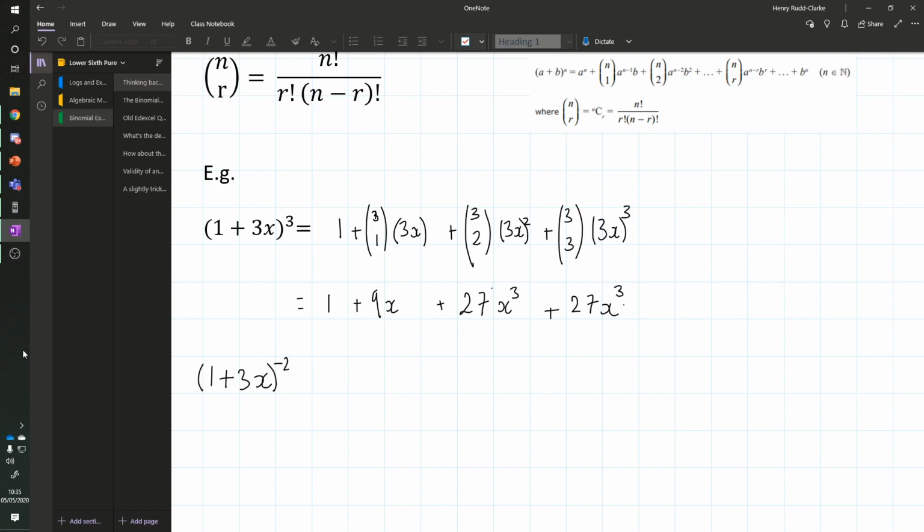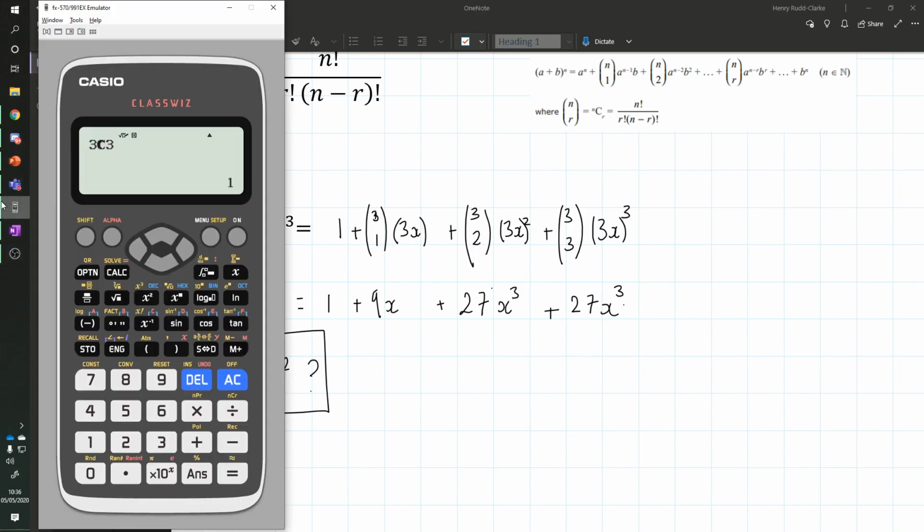That would be a bit of an issue, because in this case the n in this formula actually becomes minus 2. And let's say that I wanted to do for my first term minus 2 choose 1. Well, we're going to encounter some problems if we do this on our calculator, because minus 2 choose 1, your calculator doesn't know how to do it.